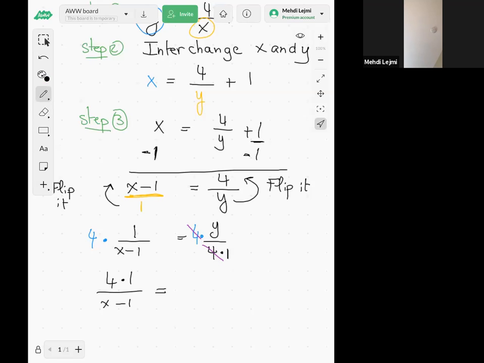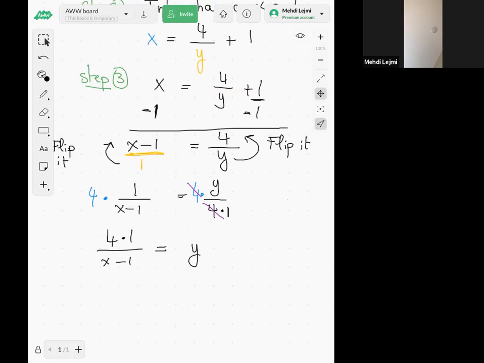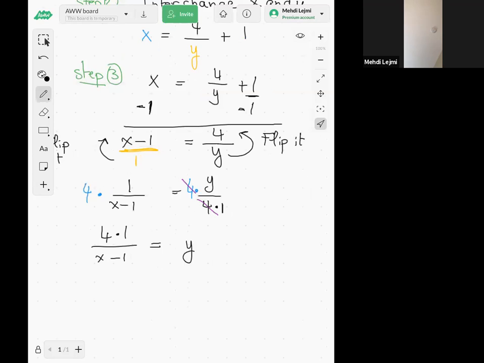It's not 0 in the denominator, because it's like 4 times 1, so there's 1 left in the denominator. Then y over 1 is just y. So on the right side, it's just y. So then your y is equal to 4 times 1, that will be 4, over x minus 1.